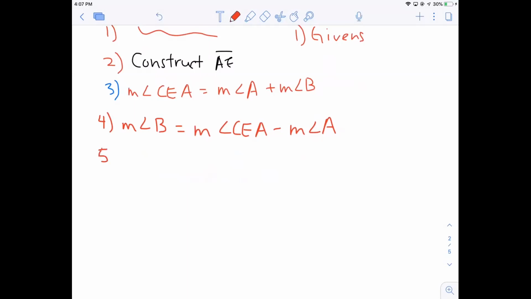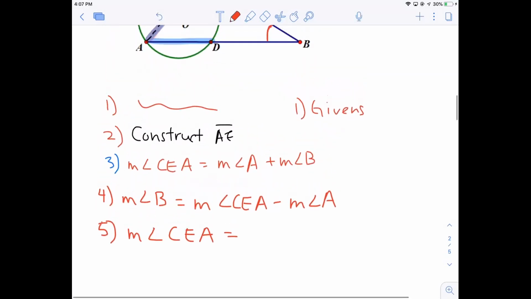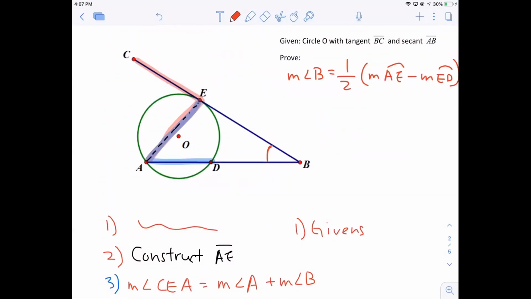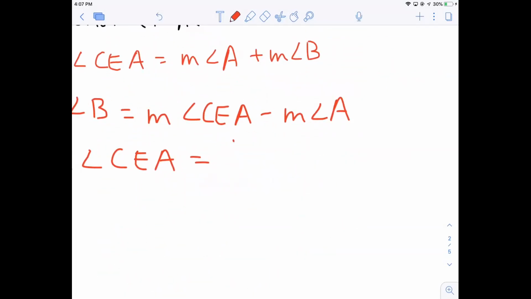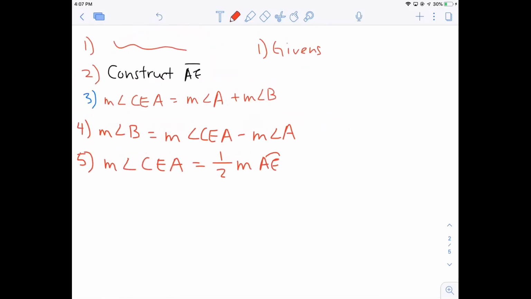All right, step 5. Well, what is the measure of angle CEA equal to? The measure of angle CEA, this angle right here, that's going to be half the measure of arc AE. And that was from a previous theorem.